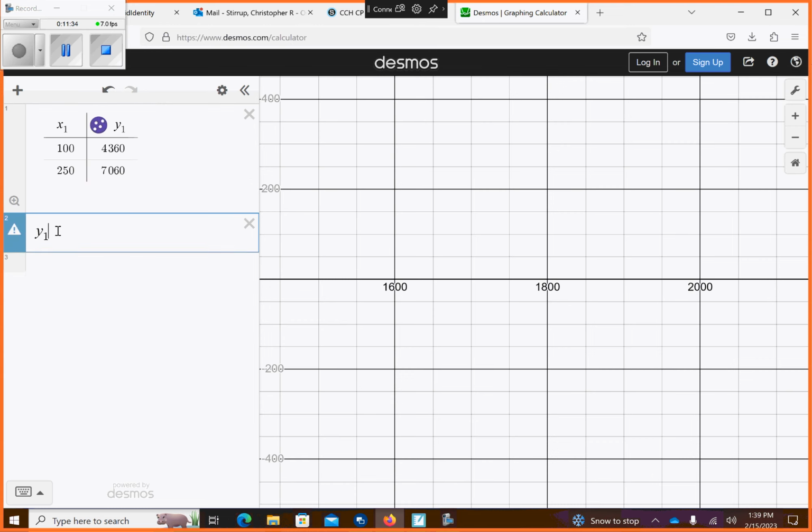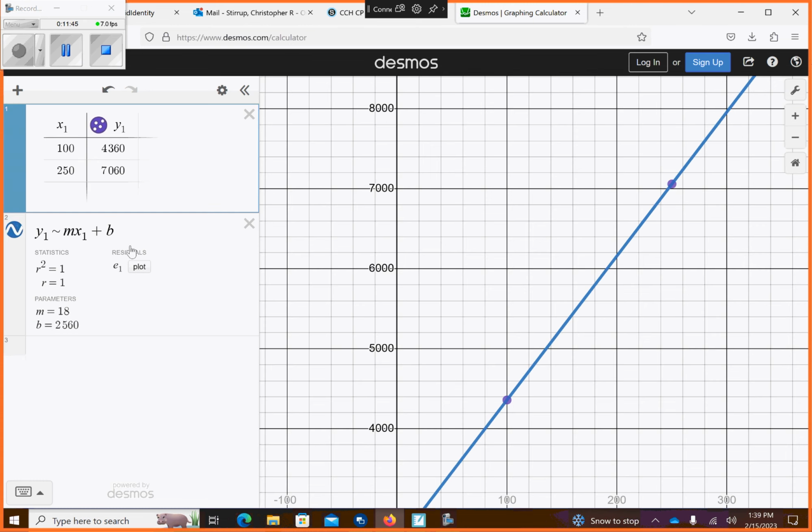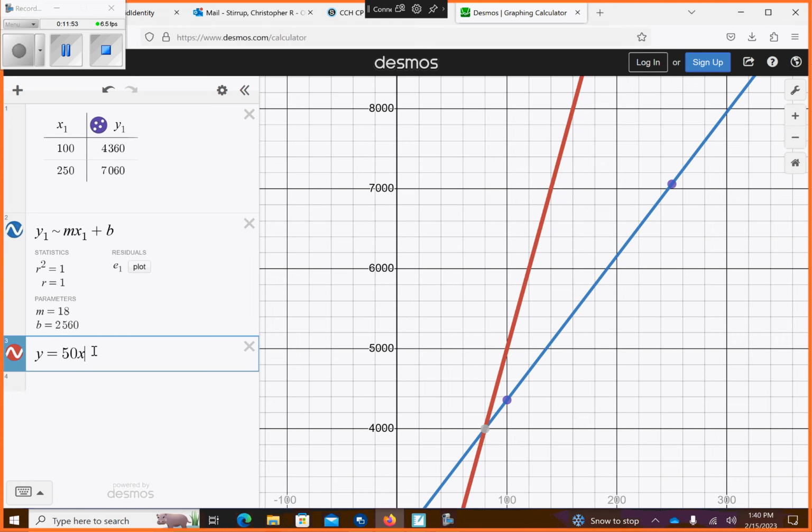Y sub 1 tilde m x sub 1 plus b. And let's go find this equation. There we go. And then our revenue equation is y equals 50x. All right, so our break-even point is x equals 80. So at 80, we have 4,000. So that's our break-even point.